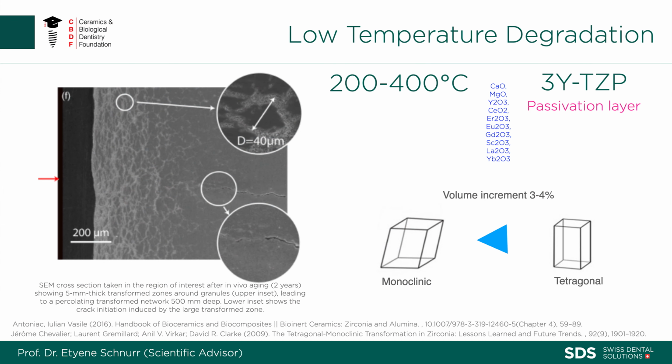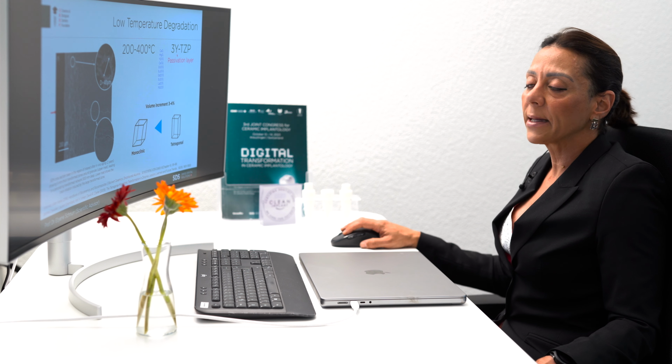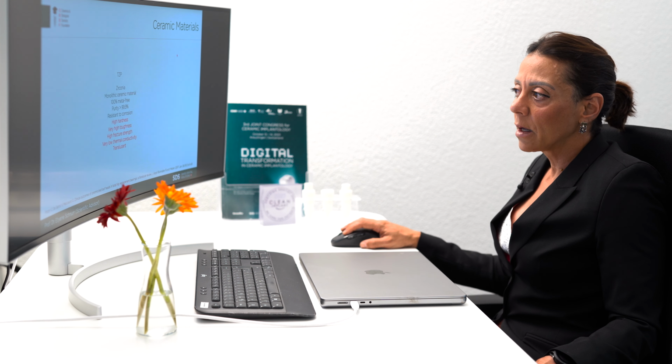For medical devices, zirconia must be stabilized with other elements, and the most common is yttrium oxide. Another way to minimize the wear of zirconia is treating the surface of the implants, as an example, creating a passivation layer by sandblasting.